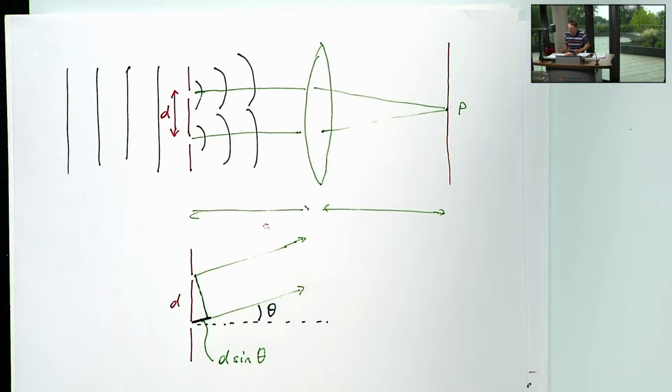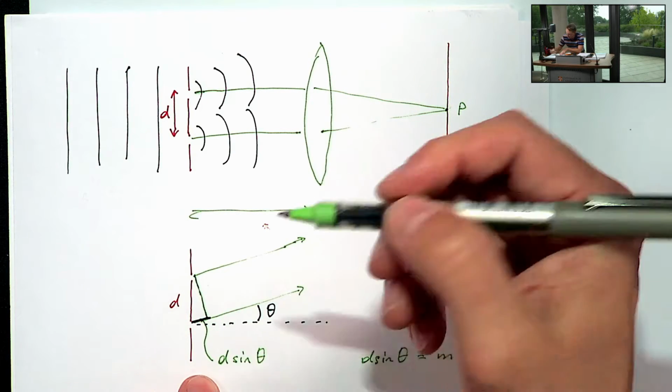And when do you get maxima? Well, you get maxima when that path difference, d sine theta, is equal to m times lambda, where m is the order. m can be 0, 1, -1, 2, -2, and so on. So it's an integral multiple of a wavelength.